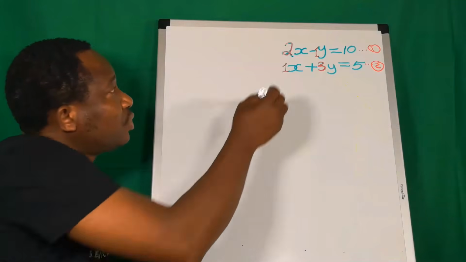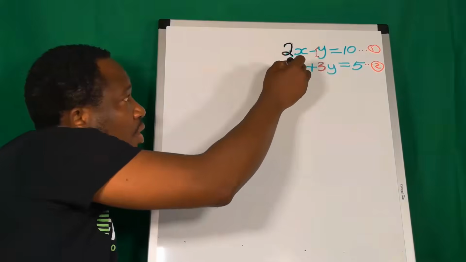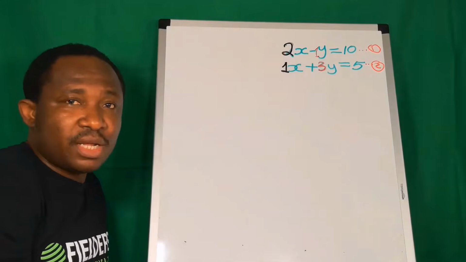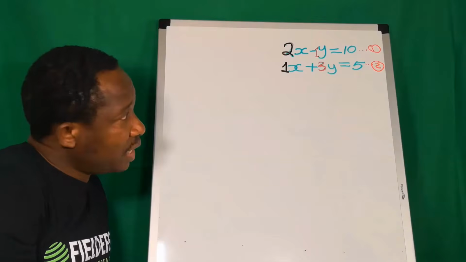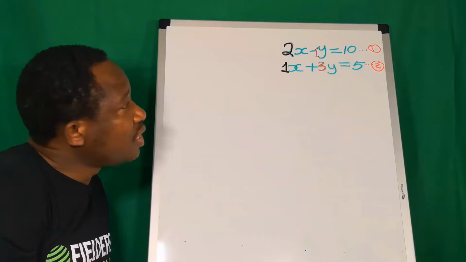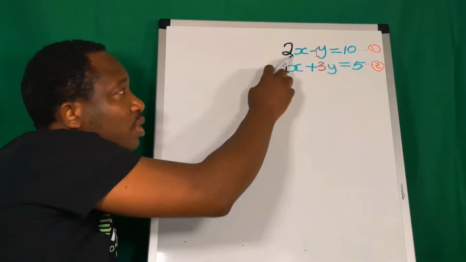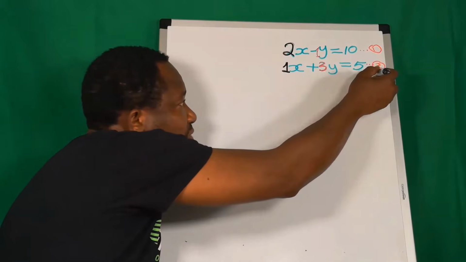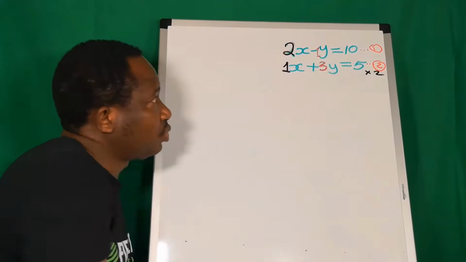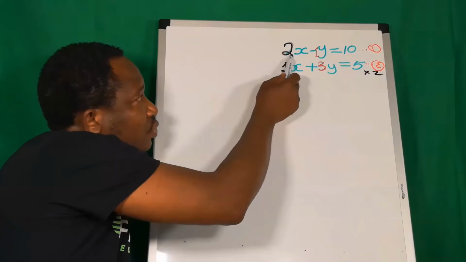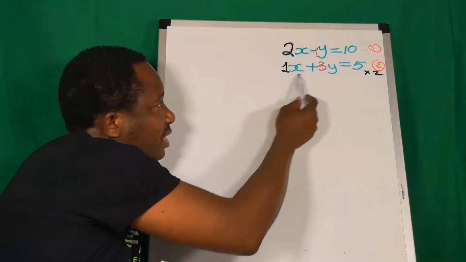You can decide to use the coefficient of x, or you can decide to use the coefficient of y. In this problem, I'm going to use the coefficient of x in equation 1 to multiply everything in equation 2. The coefficient of x here is 2, and I'll multiply everything here by 2.